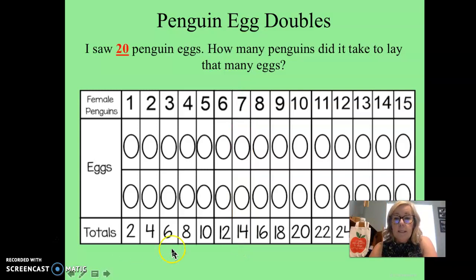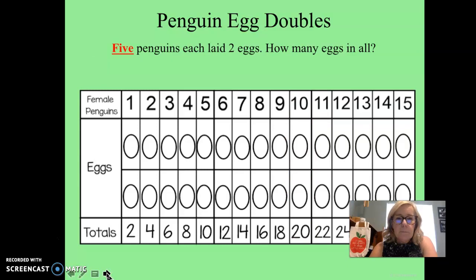I saw 20 penguin eggs. How many penguins did it take to lay 20 eggs? 10 plus 10 equals 20. 5 penguins. Now we're talking about penguins, so we're looking at the top. 5 penguins each laid 2 eggs.